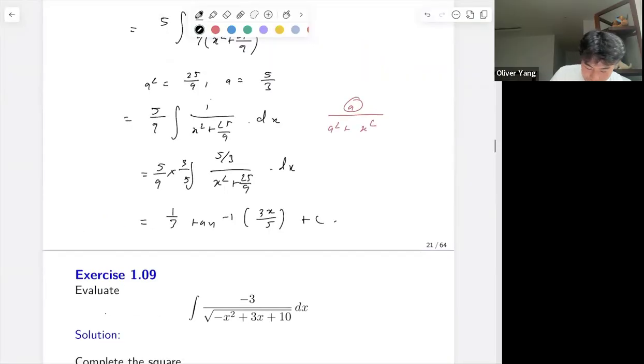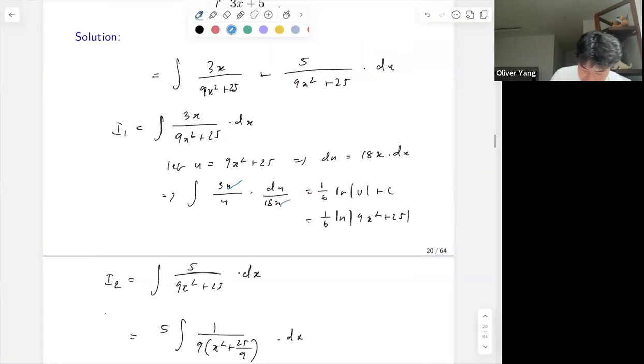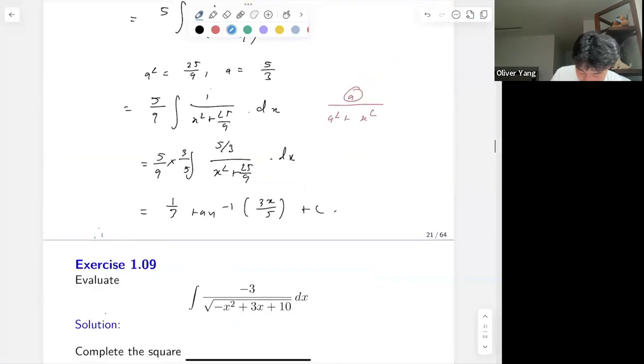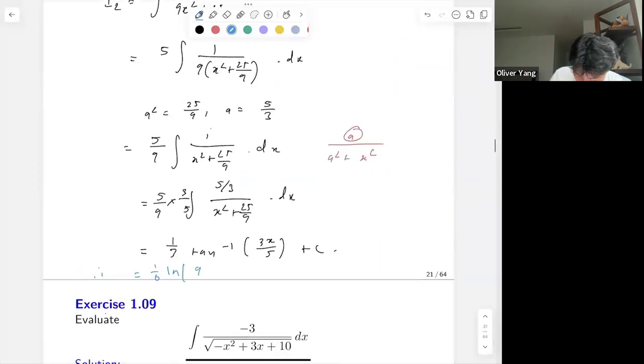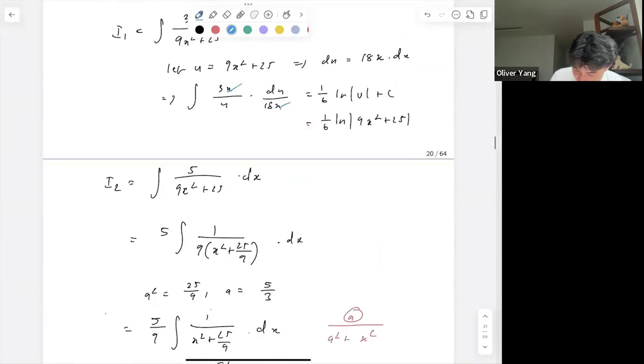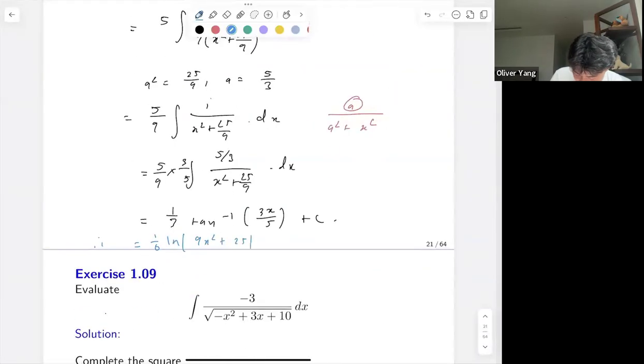Okay, so therefore, the answer to this question is going to be 1 on 18 ln of 9x squared plus 25 plus 1 on 3 tan inverse of 3x on 5 plus c.